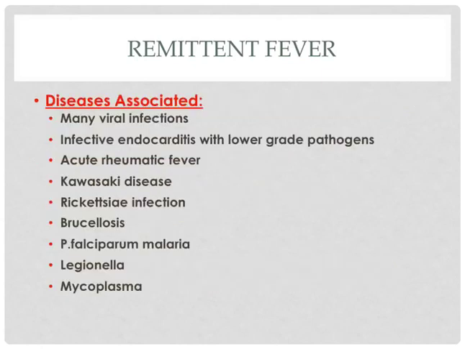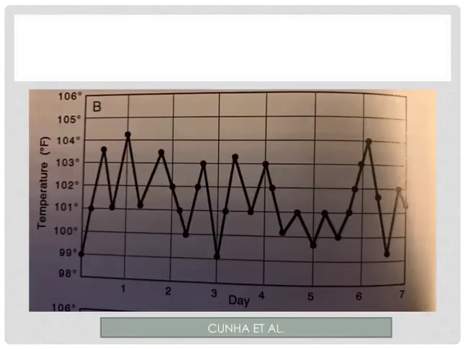The common diseases: a lot of viral infections are associated with this particular pattern. Infective endocarditis with lower grade pathogens, rickettsial infection, again brucellosis, Legionella, mycoplasma, and acute rheumatic fever can present like a remittent fever. Here's another graph to go over this.